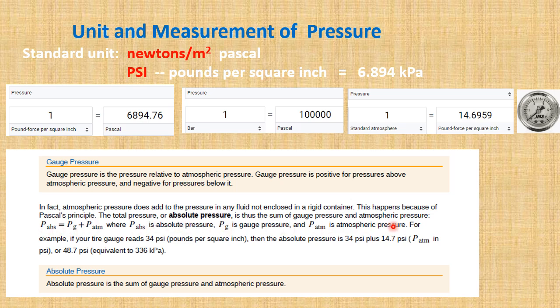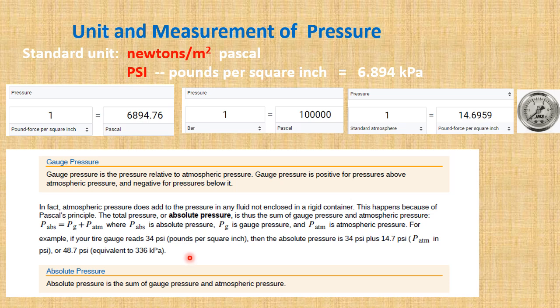So for example, if your gauge says 32 psi, that's the pressure of the tire, but the actual pressure is higher because there's already by default the 14 psi there. So plus this, your 32 psi, the actual pressure is 47. That's a pretty simple idea.